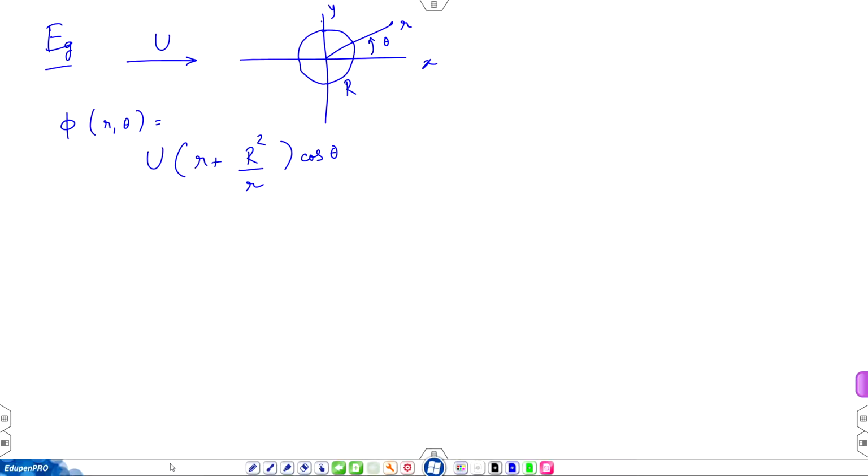from which, of course, you could find the stream function. You could also find the velocity distribution.